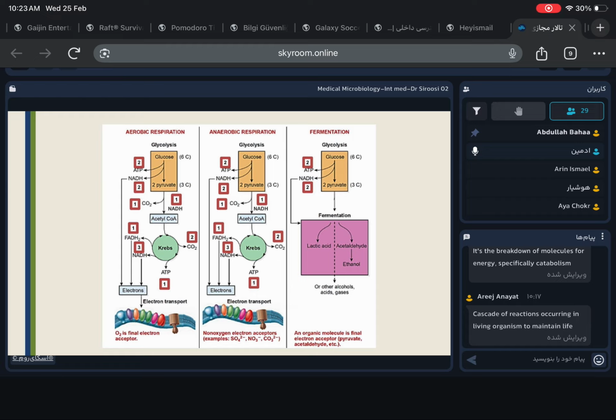Each pyruvate molecule loses 1 carbon atom as CO2 and transfers its electrons to form NADH. So as you can see, 1 NADH is released during this preparatory step. It also binds to coenzyme A. As a result, 2 molecules of acetyl coenzyme A are formed from 1 glucose molecule.